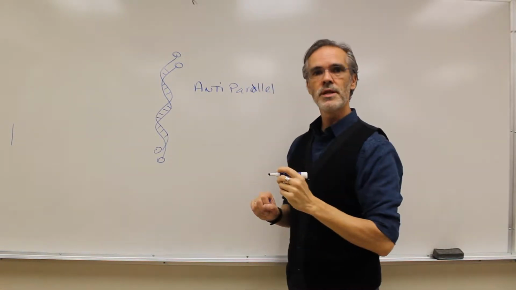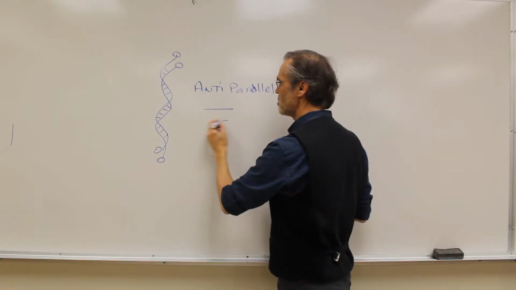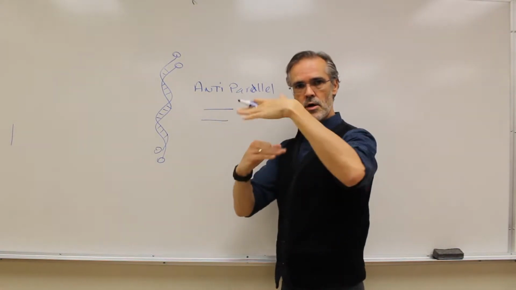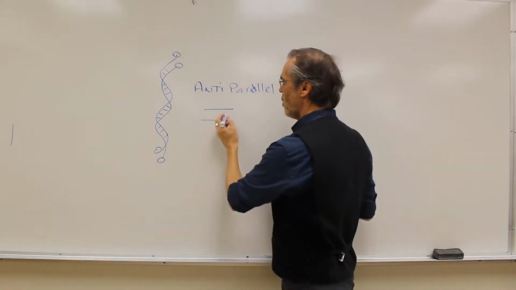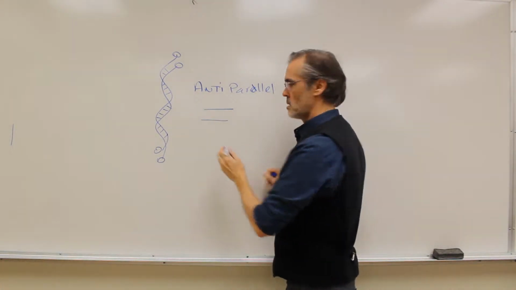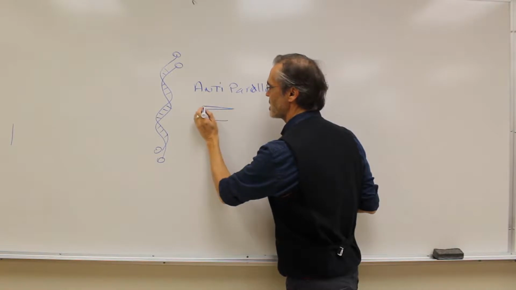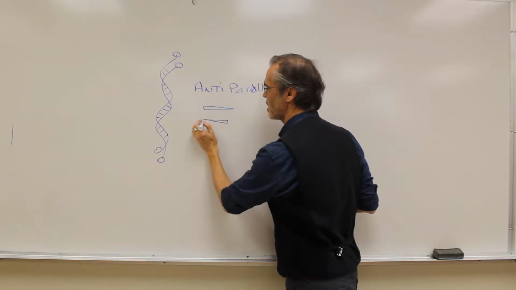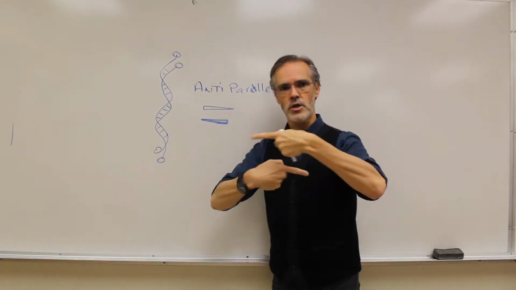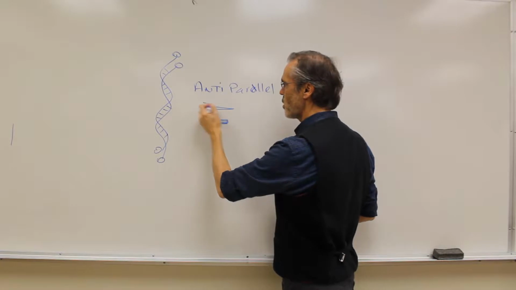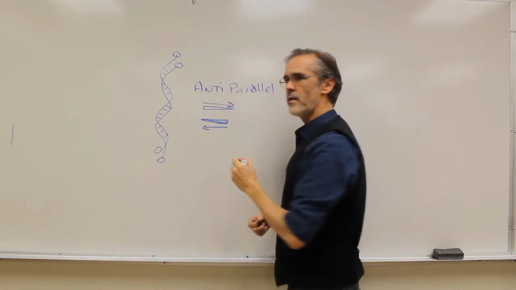Parallel means something that's on top of each other, right? However, one of the strands could be represented like this, while the other strand can be represented like that. So you see, they are parallel, but in opposite directions, going this way here, going this way there.